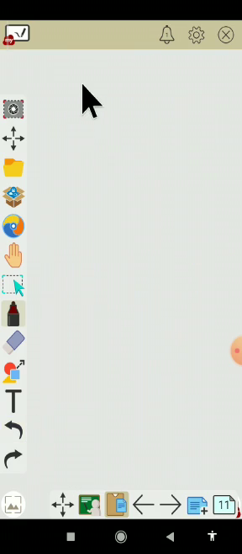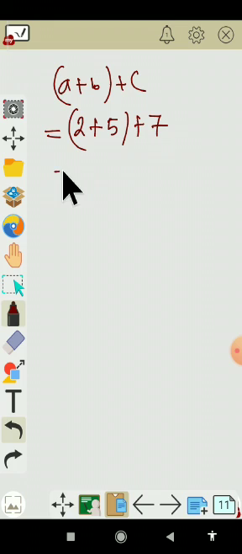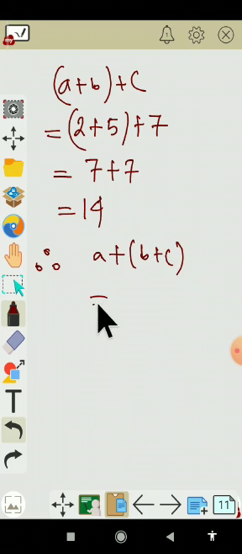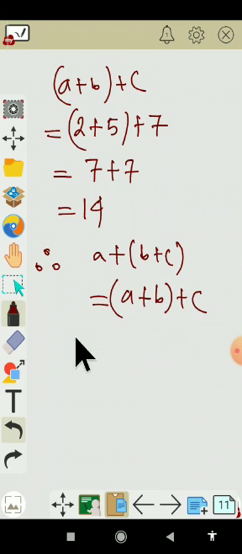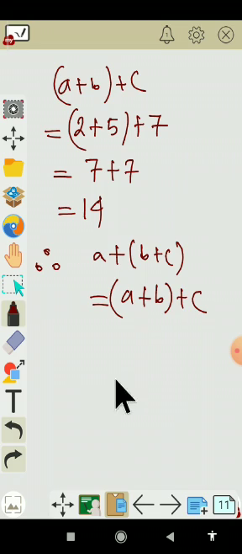Again a plus (b plus c): 5 plus 7 gives 12, and 2 plus 12 gives 14. So (a plus b) plus c equal to a plus (b plus c). That means it satisfies the associative property.